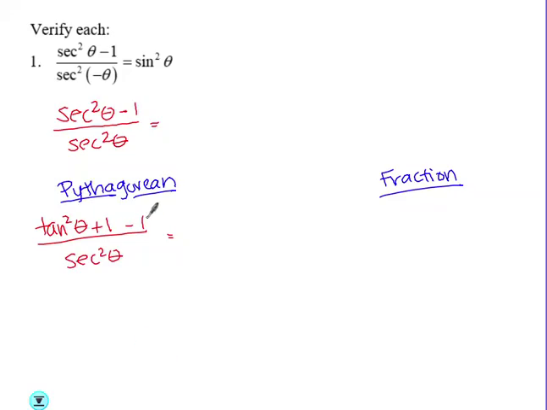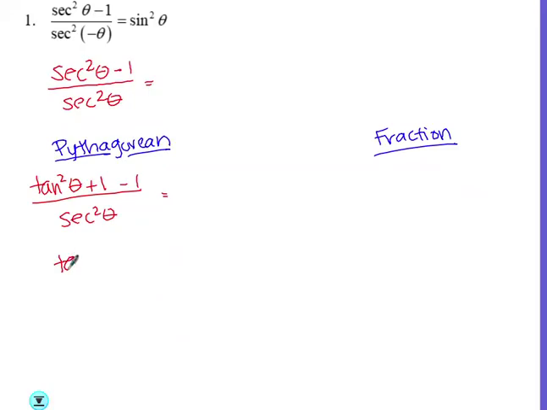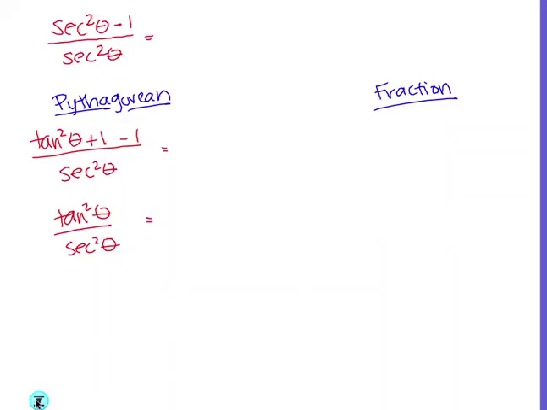So we can simplify the positive and negative 1, they cancel out. So I have tangent squared of theta over secant squared of theta. Now I'm going to change these into sines and cosines. So I have sine squared theta over cosine squared theta. And then secant squared theta is 1 over cosine squared theta.